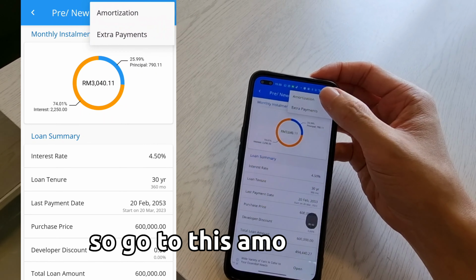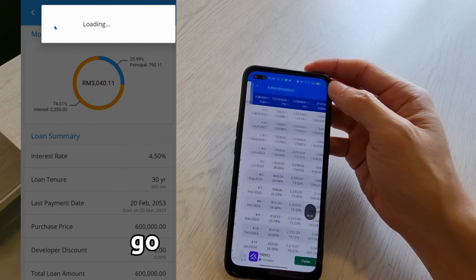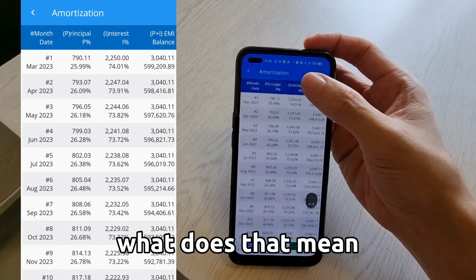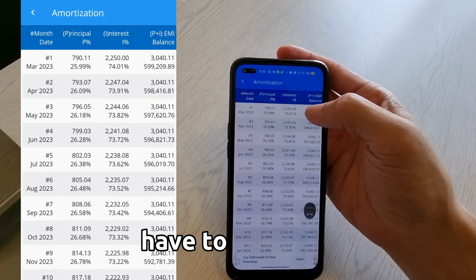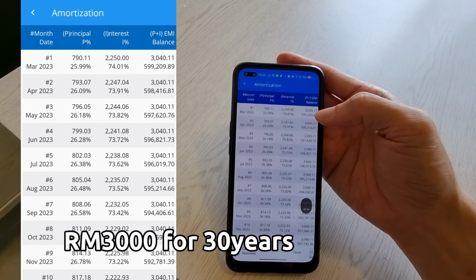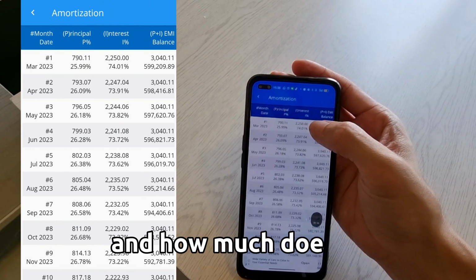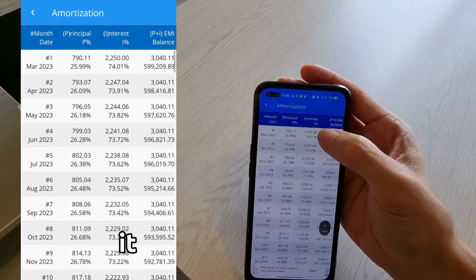So go to this amortization. When you go to amortization, it looks like an Excel table, a simplified Excel table. What does that mean? First month, you have to pay 3,000, all the way 3,000 for 30 years. But how much does it contribute to the principal part and how much does it contribute to the interest part? It's different.